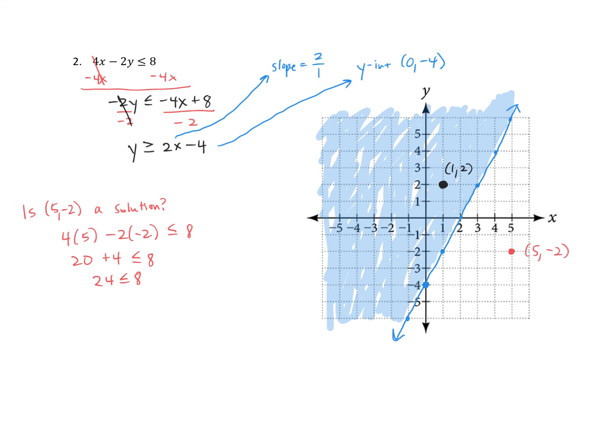So I'm left with this, 24 is less than or equal to 8. Well, that's clearly false, right? So that means (5, -2) is not a solution to the inequality given, which is how it should be, right? Again, any ordered pair that you pick in the shaded region should work. Any ordered pair that you pick in the non-shaded region should not work.